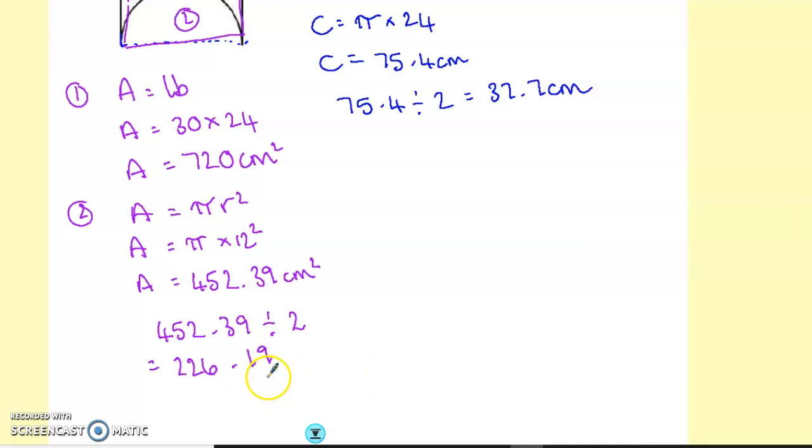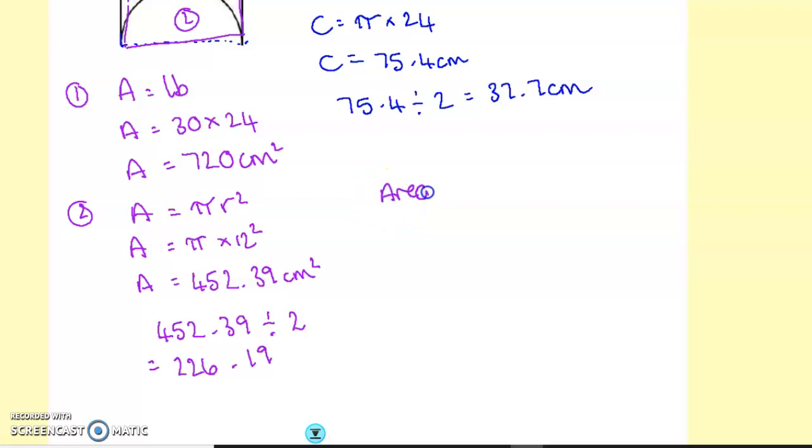And then this time, instead of adding them together, my shape is a rectangle with that semicircle cut out from it, with that semicircle missing. So instead of adding it this time, I need to take it away.